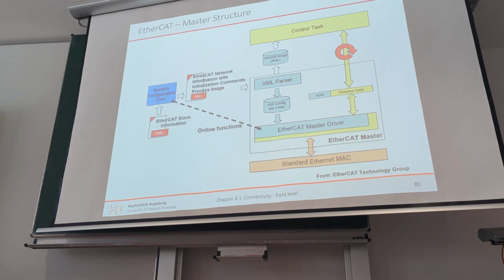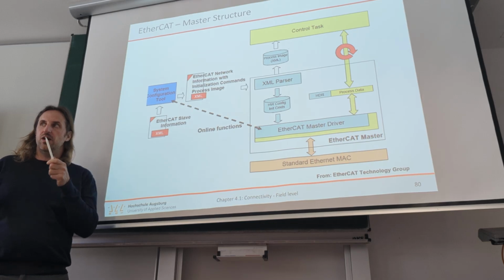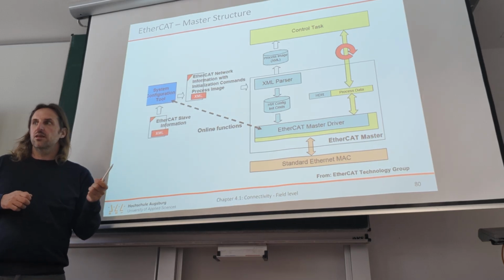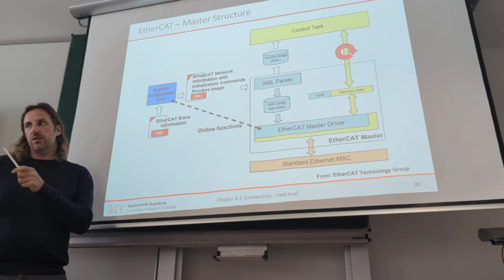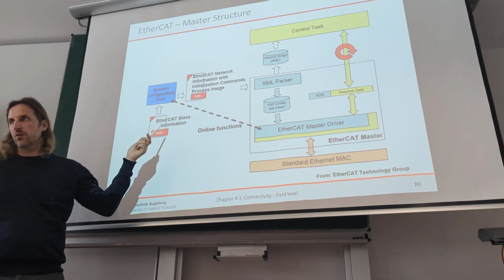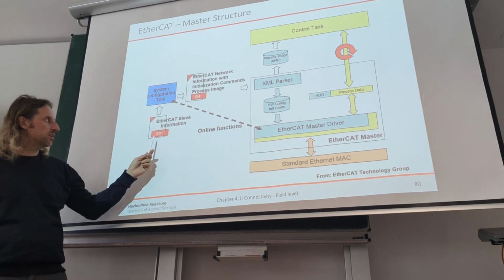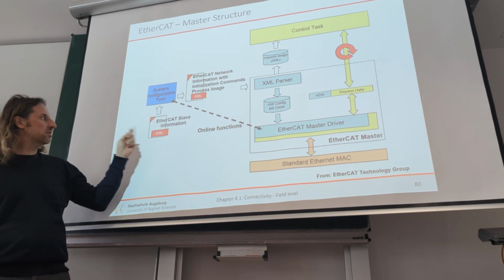Okay, last thing. I already talked that we need some type of offline configuration. If you have an EtherCAT device, you usually don't have it online like we did, where we scanned for the boxes. You would rather search in a catalog for the device, because you don't have it, and there's a standardized format.